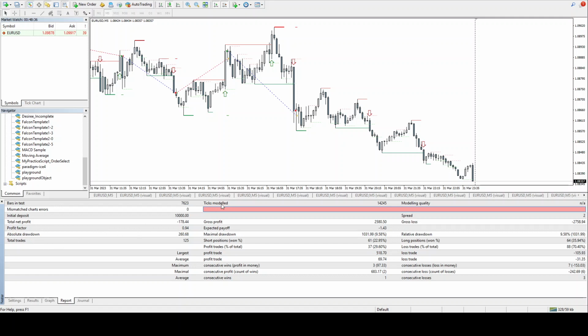Look at the absolute drawdown, 2.6%, and the maximal drawdown is 9.58%. Okay, so let me record that quickly on the sheet.